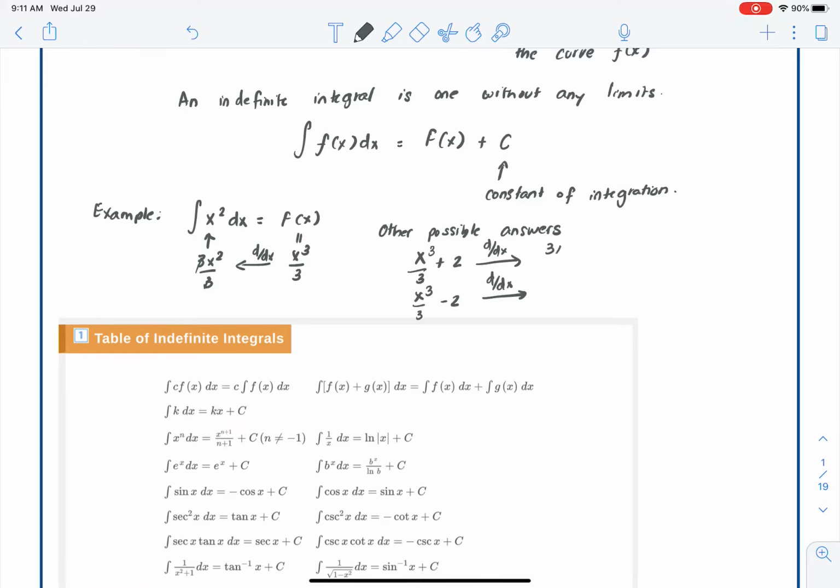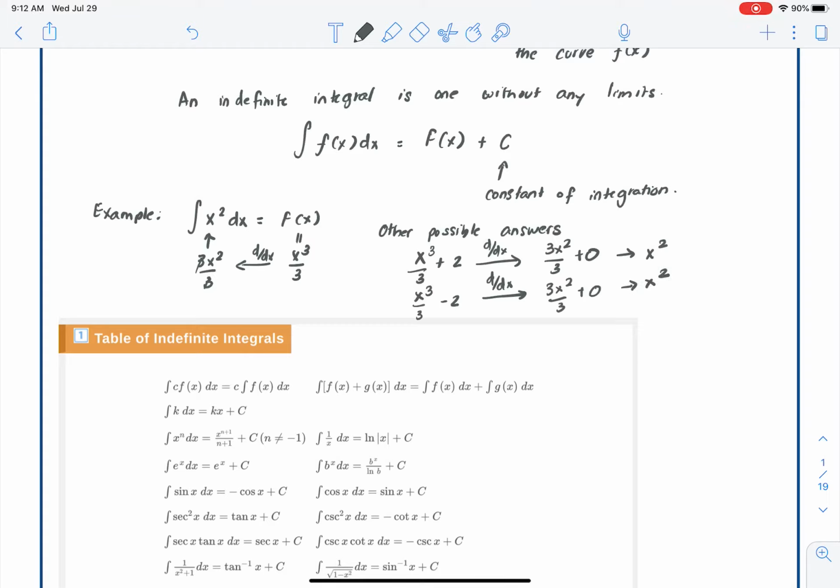You get 3x squared over 3. Derivative of 2 is 0. Again, 3x squared over 3. Derivative of minus 2 is 0. Both of them would give us x squared.